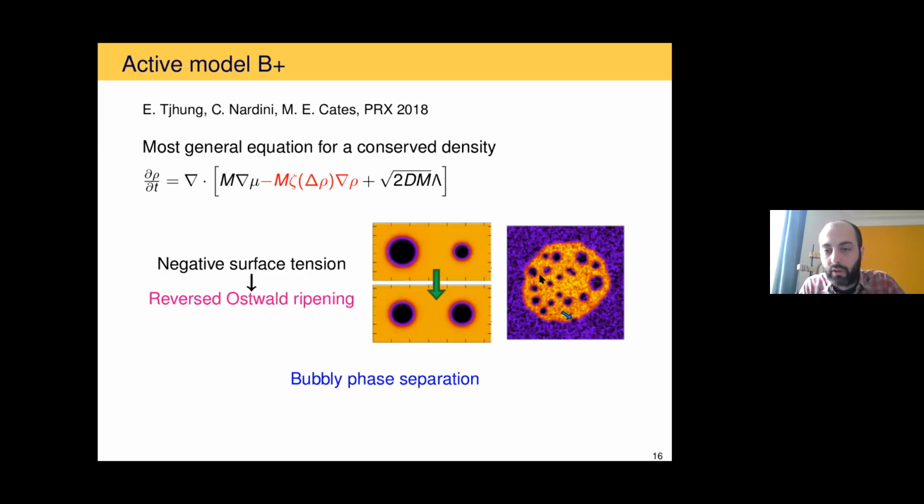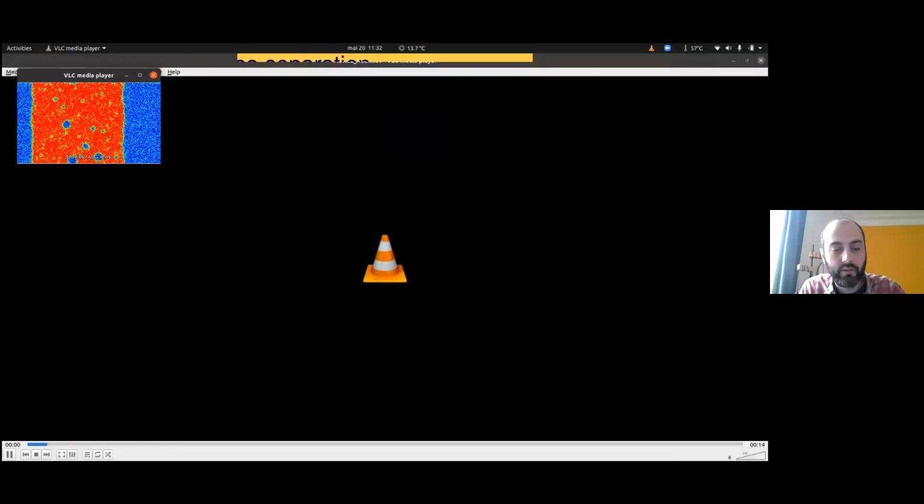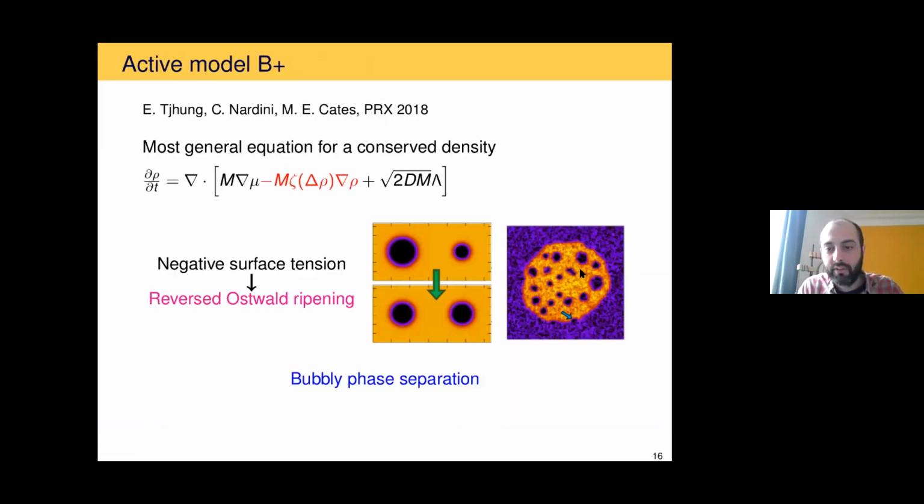And these bubbles have rather complex dynamics. They get nucleated, they move around, they merge, and ultimately they get expelled inside the gas. So that's what they have called a bubbly phase separation.